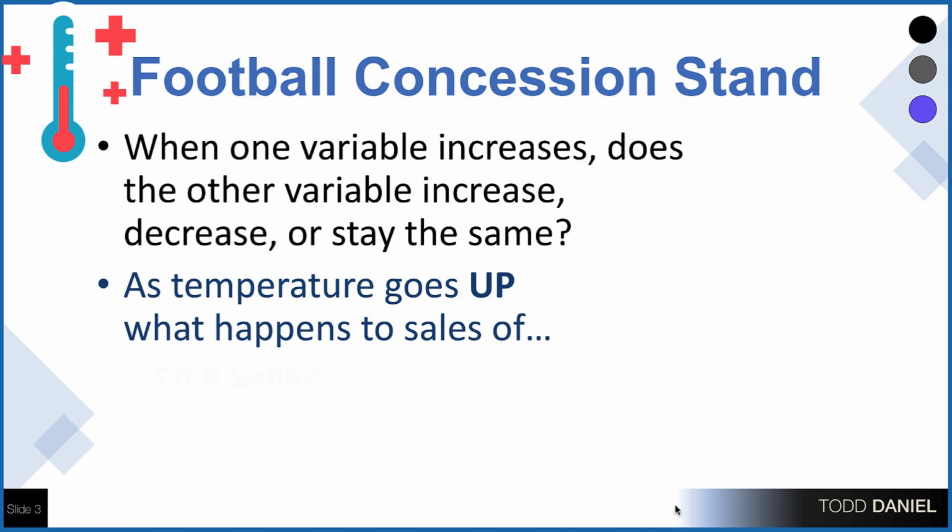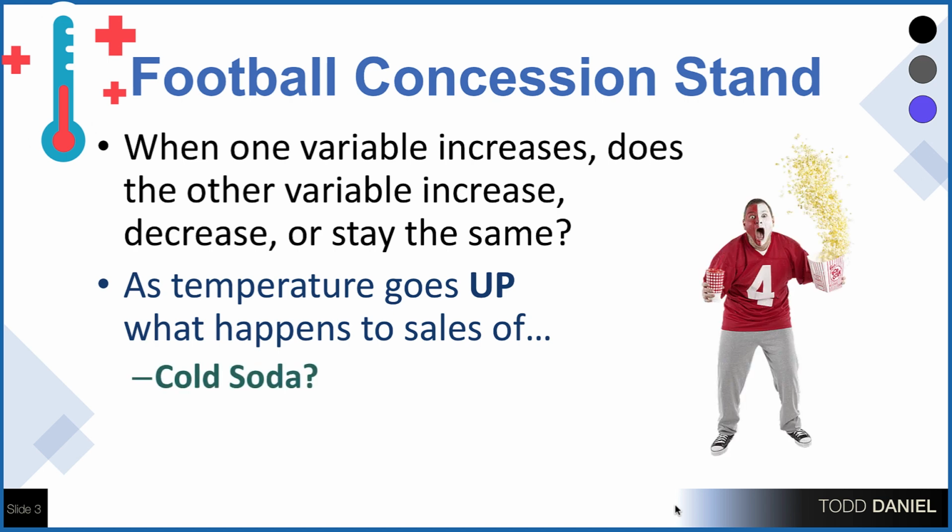What happens to the sales of cold soda? When it's hot outside, we're going to sell a lot more of that icy cold soda. And of course, when the temperatures drop, then we'll sell a lot less of that cold soda. Those two variables move together.